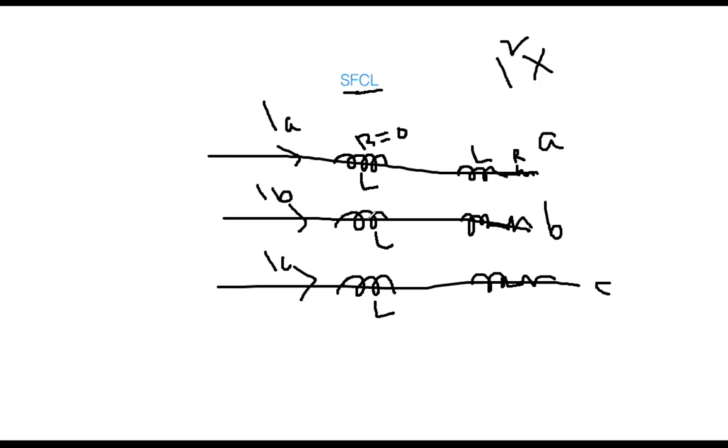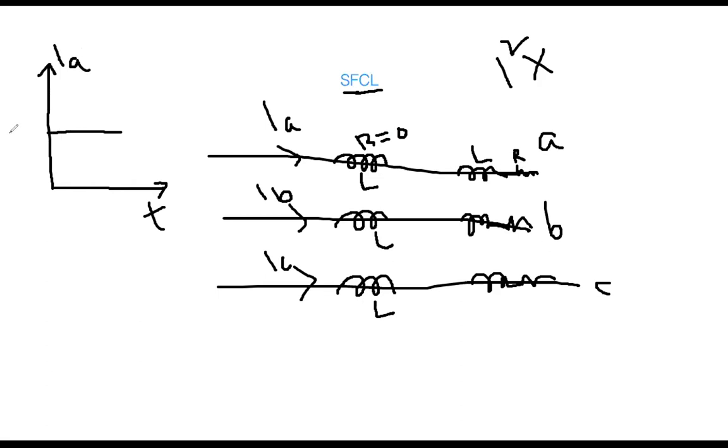As I said, it is placed along the line together with the line inductance and resistance. So how does it work? Just think about any one of the lines; it is the same for all three phases. For example, I am plotting this IA current.